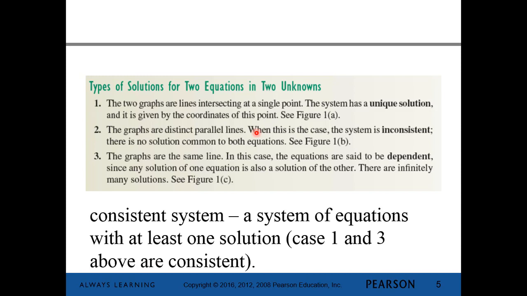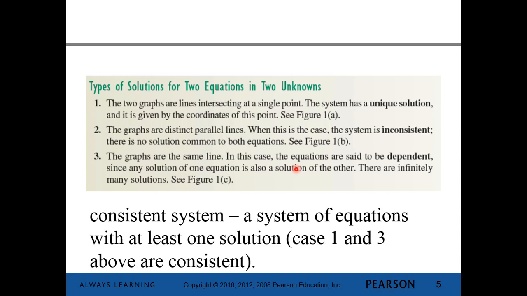Case two: the graphs of the lines are distinct parallel lines. This means there are no solutions on both lines because they're parallel, which means they never intersect. This is what we call an inconsistent system.